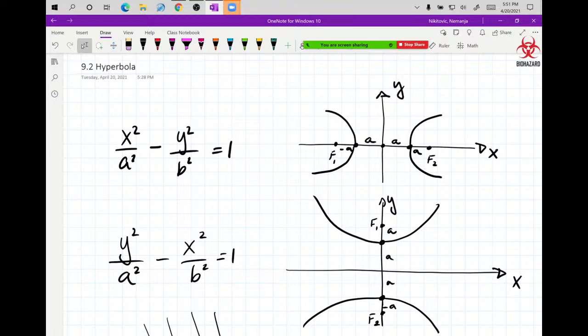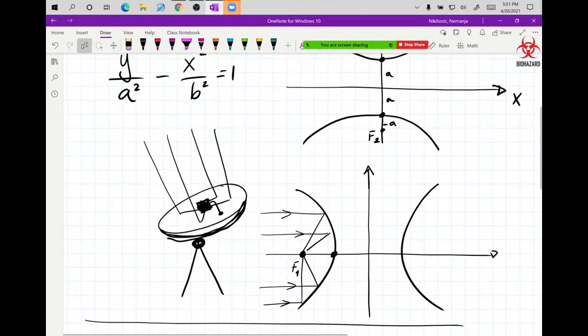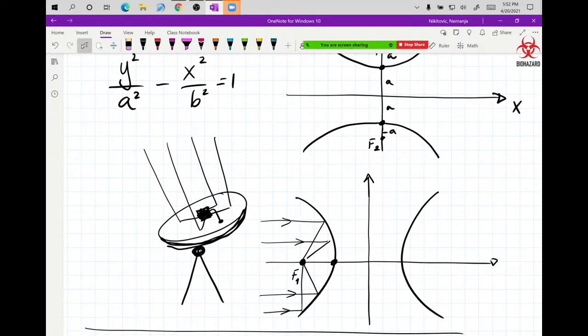Hyperbola is used in describing the path of, let's say, asteroids. It could have a hyperbolic trajectory, but hyperbola is also used in a lot of other applications, including, as you can see over here, satellite dishes and a whole bunch of optics and a lot of other places.